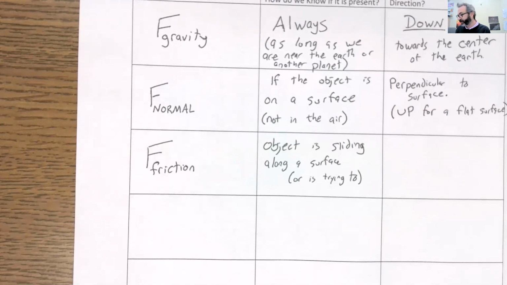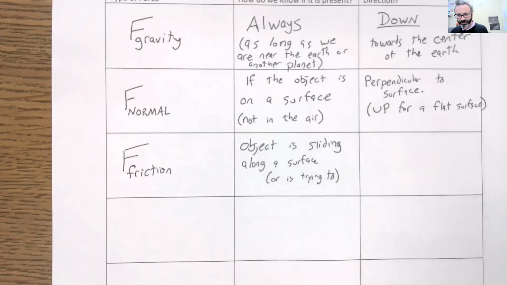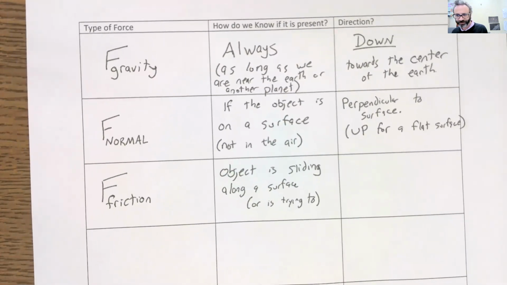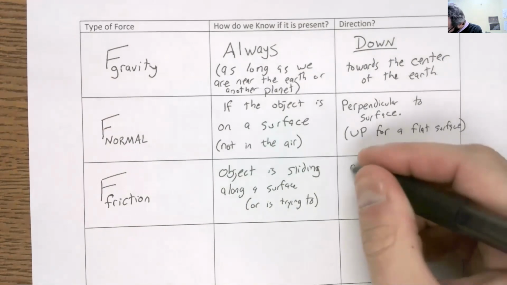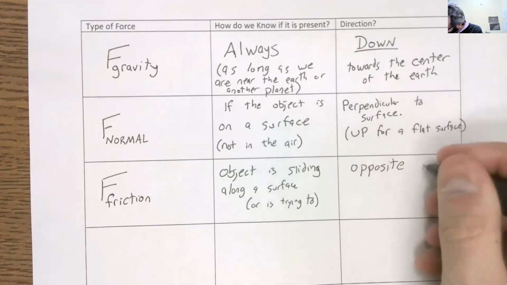And if it's not on a surface, like the normal force, there won't be any friction. And for the direction, I think we mentioned this in the notes the other day, anybody know what direction the force of friction is going to be? Opposite. Right. It's going to be opposite to the direction of motion.